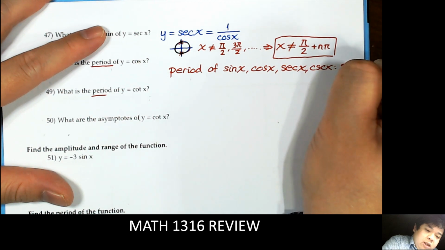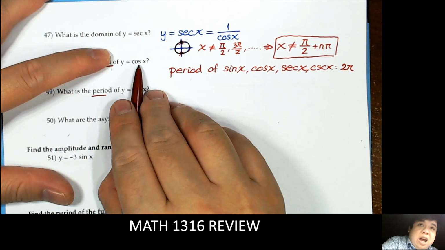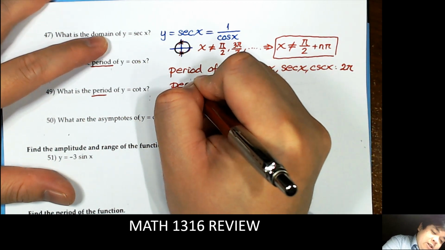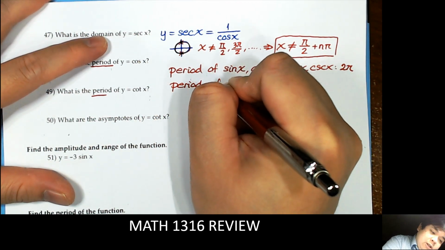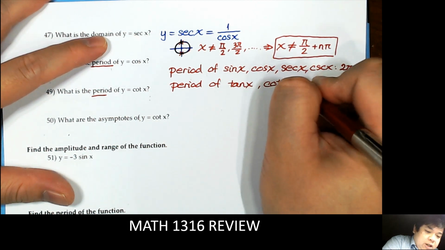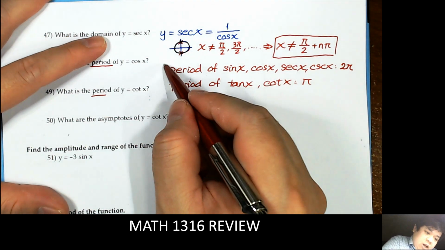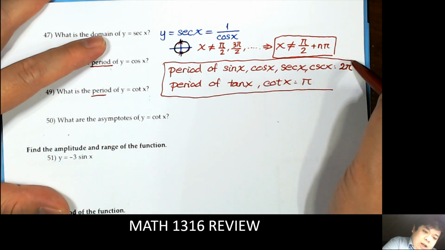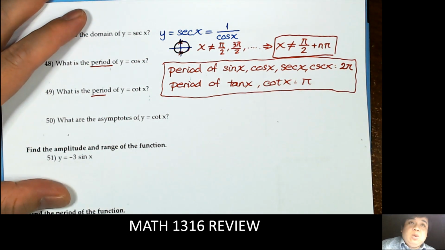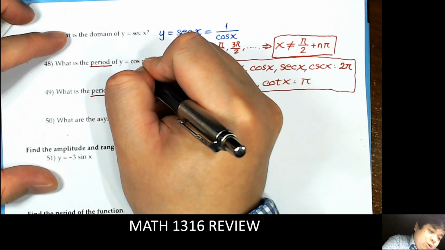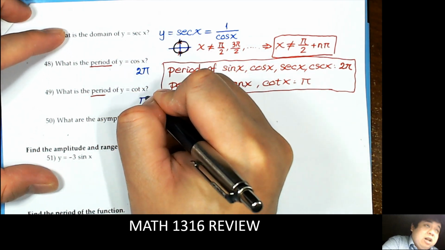By default, for x, it will be 2 pi, and for tangent or cotangent, it is pi. So sine, cosine, secant, and cosecant are 2 pi, and tangent and cotangent are just pi. So this one is easily cosine, so that will be 2 pi, and cotangent is just pi.